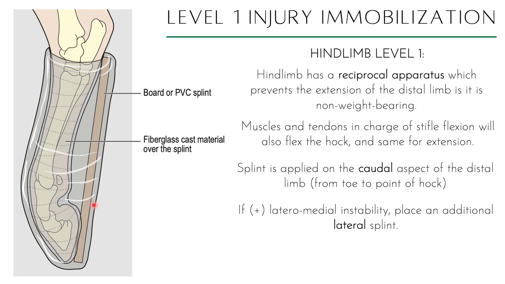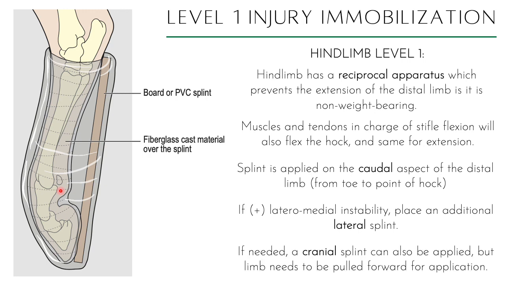Now, some parts of the bone, if it gets fractured, split bones, a part of the distal phalanx, can be treated just with a cast, right? So later I'll discuss. You're going to be the one researching that, right? And of course, if you need to do a cranial splint, you need to draw the limb forward for you to be able to do that.